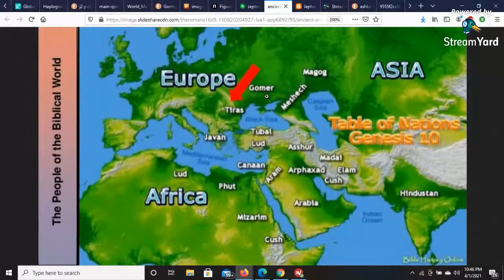Because Gomer is the R and the Q, so the R and the Q go together. Magog is likely the N and the O. The N and the O go together. It's a major population. Then there's Meshach and Tubal.